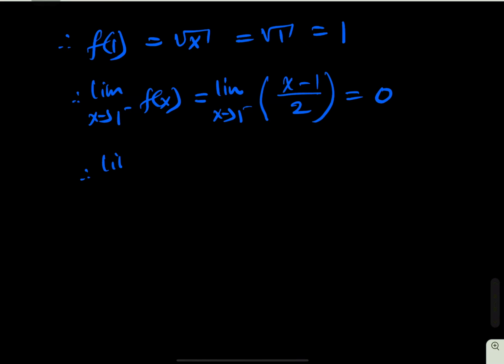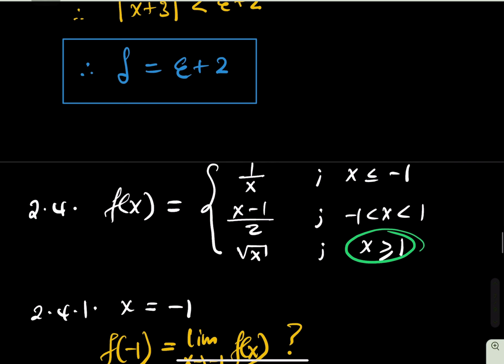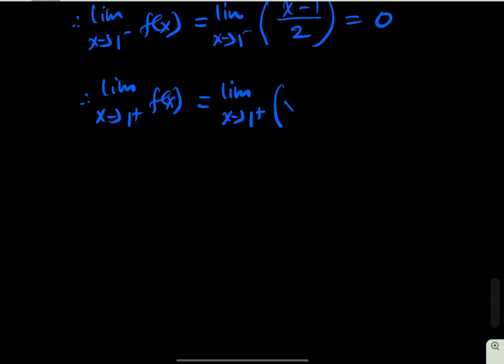Now you go to the right. So of f at x, that is going to be the limit as x goes to 1 from the right. So the right is equal to f at a point, this one. That is root x. And if you plug 1 there, you get 1.